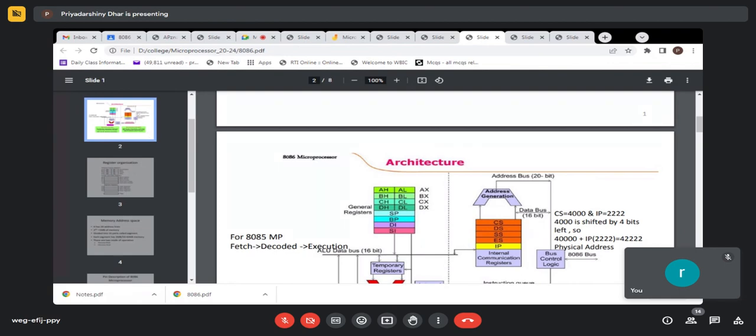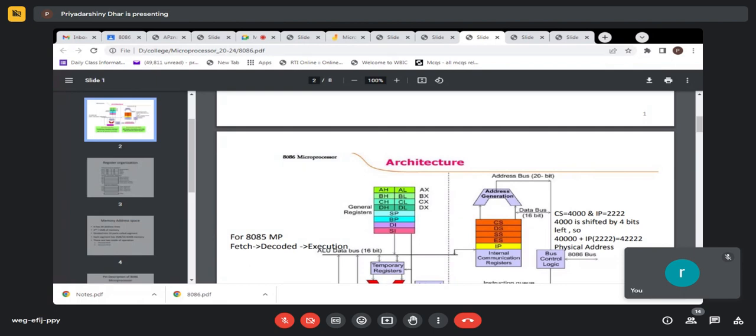Ma'am, if a question comes asking how many general purpose registers we have in 8086, like SP, BP, DI, SI makes 4, what then? No, if only general purpose registers are asked, then you have to write: for the 8086 microprocessor we have four 16 bit general purpose registers. Write down the names: AX, BX, CX, DX. If you want, you can write A for accumulator, B for base, C for count, D for data.